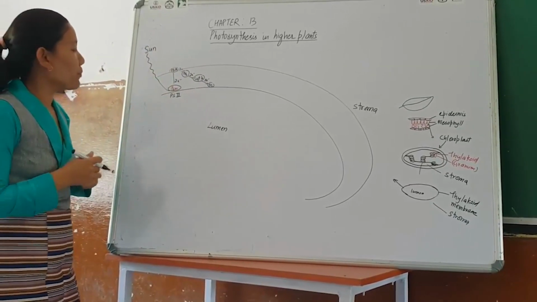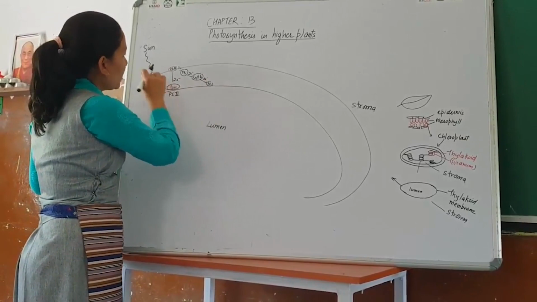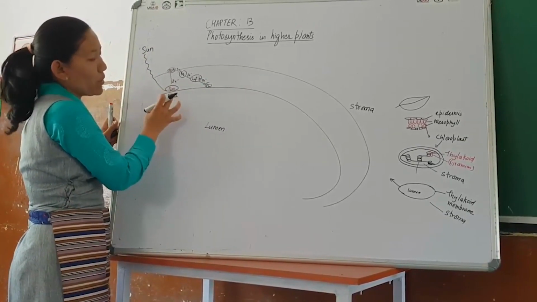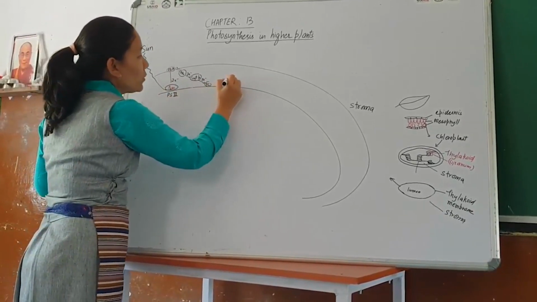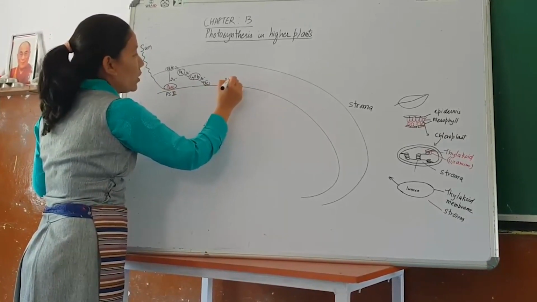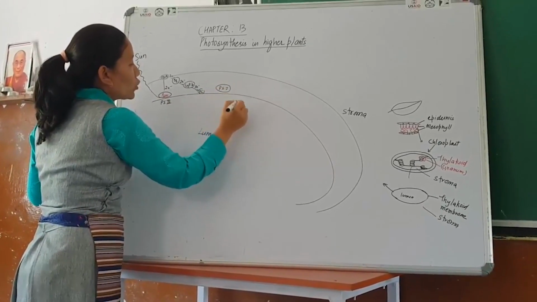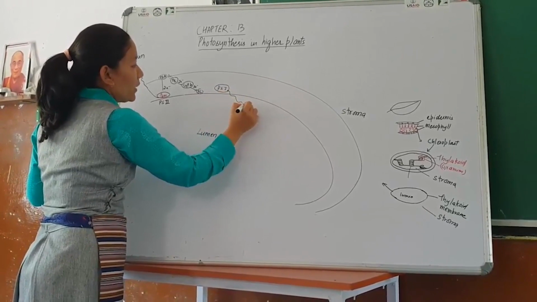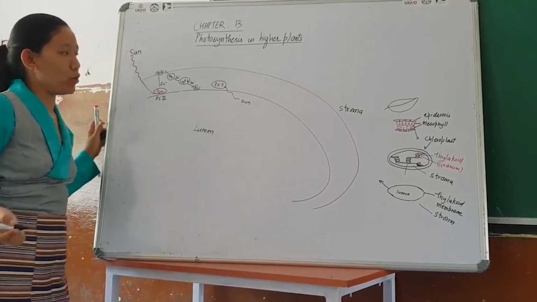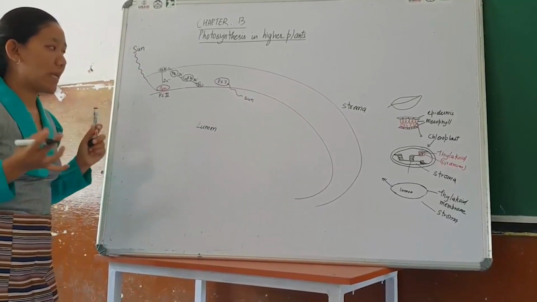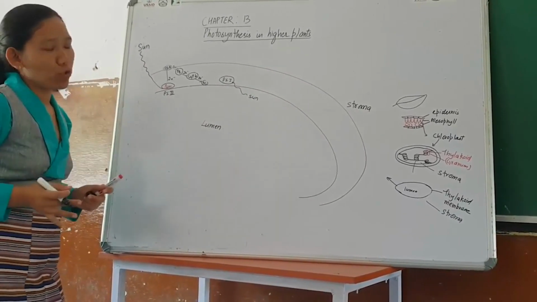Now, simultaneously, when the solar energy is being absorbed in photosystem 2, photosystem 1 also receives the sunlight energy in the form of photons, and the pigments absorb it and pass it to the reaction center.